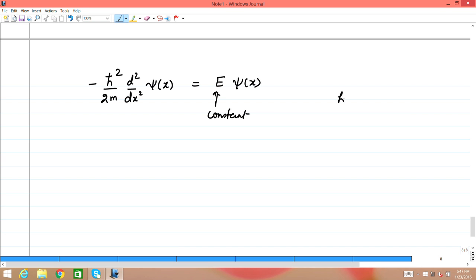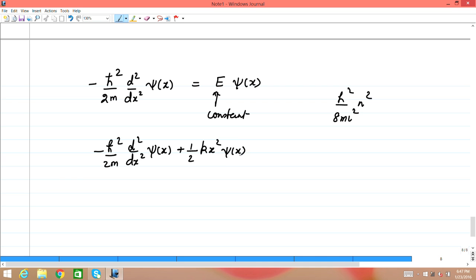And this was h square by 8 m L square times n square, no x here. When you solve the harmonic oscillator problem, minus h bar square by 2m d square by dx square psi of x plus half k x square psi of x is equal to E psi of x, this is a constant.